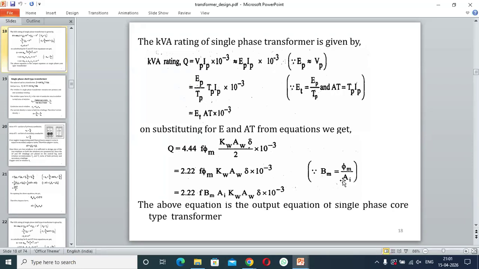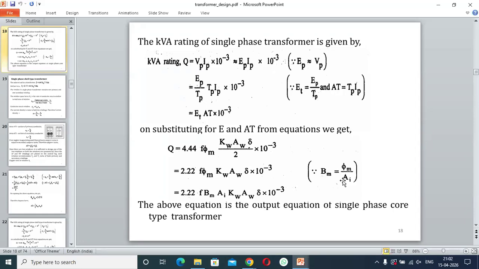We have other losses like copper loss, iron losses, and harmonics losses. These things are going to affect the performance of the system, and due to this the EMF which is generated is not equivalent to the voltage applied to the system.